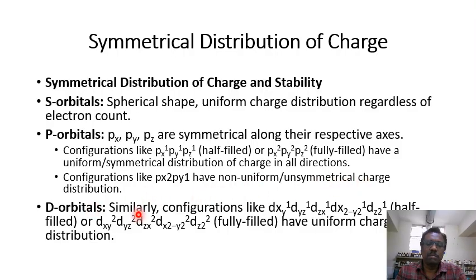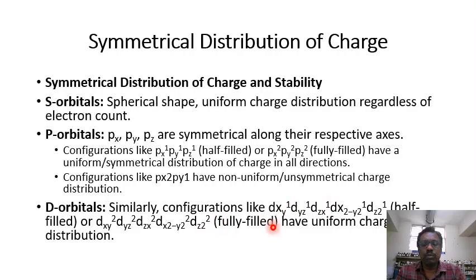D orbitals. Similarly, in the case of d orbitals, a configuration like dxy1, dyz1, dzx1, dx²-y²1, dz²1, where each has 1 electron, is half-filled. Another type of configuration is dxy2, dyz2, dzx2, dx²-y²2, dz²2, that is fully filled.